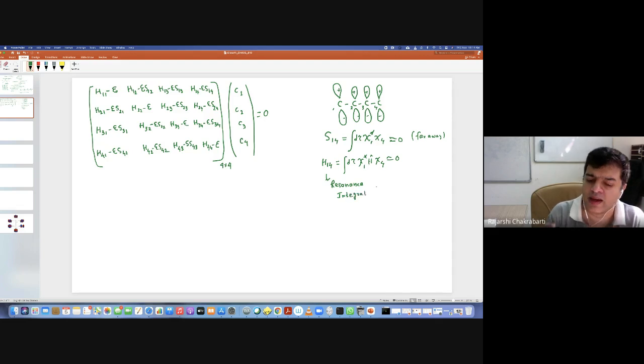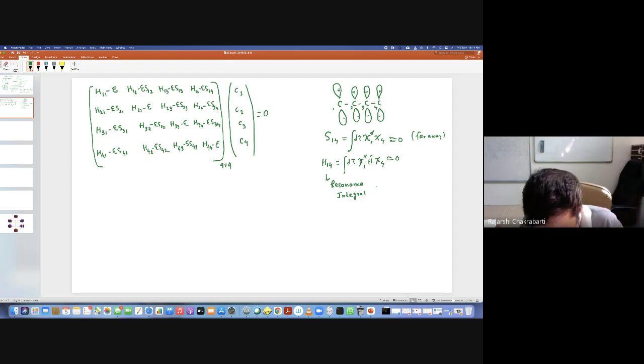If you analyze it carefully, in the resonance integral there is one integral called the exchange integral. How many of you have heard about it? I talked about the Coulomb integral, but I did not talk about the exchange integral. If you want, you can go and read about it. Anyway, this is the resonance integral, and I approximate it to be 0 because they are far separated. Not me, it is Huckel's assumption.